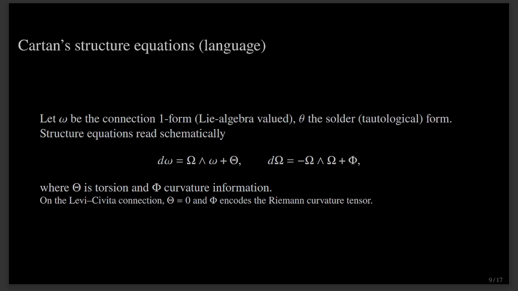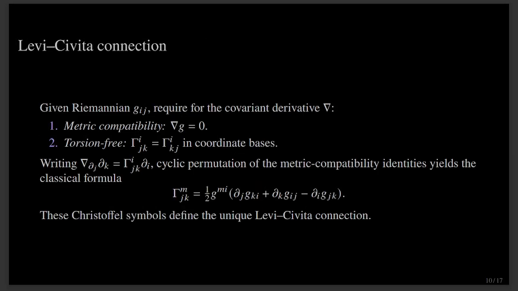And this is nice because what this will allow us to do is both encode the Riemann curvature tensor and the Levi-Civita connection. And what this looks like then is, given a Riemannian metric, let's say g sub ij, the unique connection satisfies 2 things: metric compatibility and torsion free.